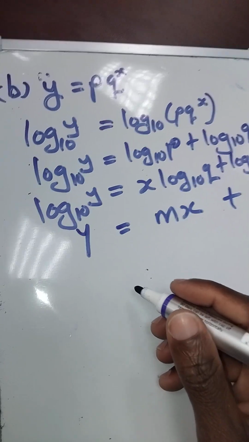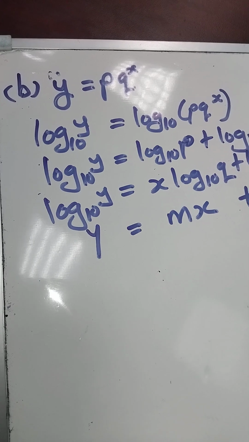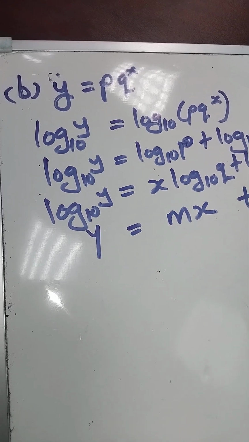So how do we find p? p comes from the y-intercept, so log base 10 p is the y-intercept.